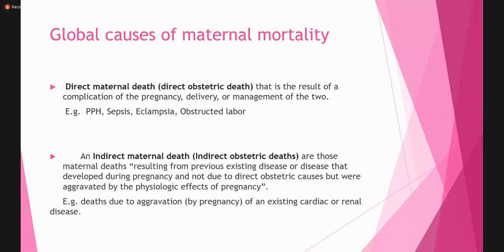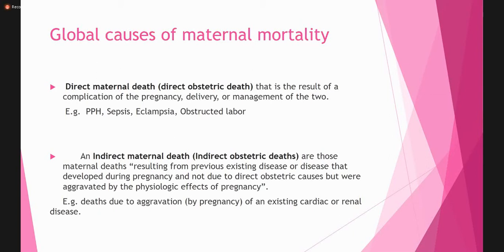And deaths due to aggravation by pregnancy of an existing cardiac disease or renal disease are most common because during pregnancy there's a physiological increase in blood volume, heart rate, and cardiac output. So a patient with an underlying cardiac disorder is unable to tolerate these changes well. So the mother is at risk of developing arrhythmias, pulmonary edema, and congestive heart failure.